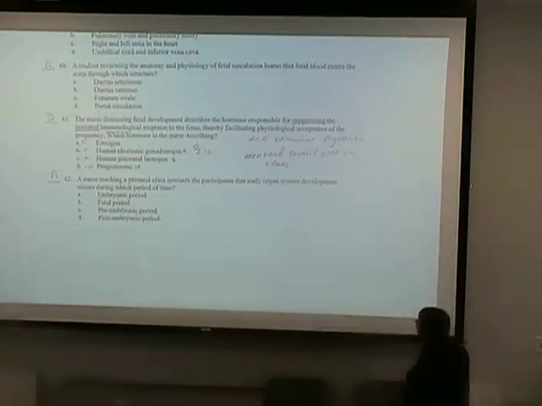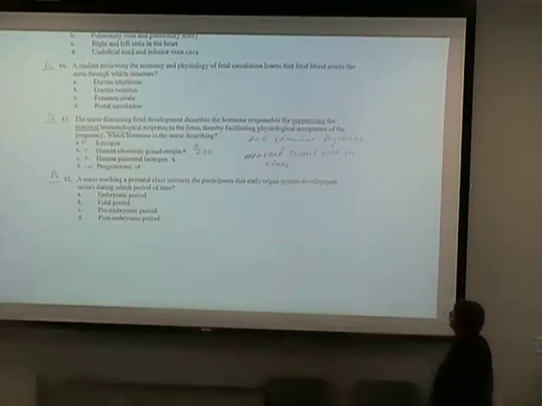61. The nurse discussing fetal development describes the hormone responsible for suppressing the maternal immunologic response. What suppresses everything? Progesterone. A lot of you put human chorionic gonadotropin, and I'm not really able to understand why.